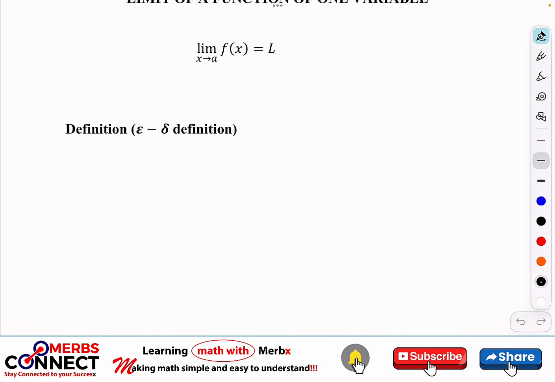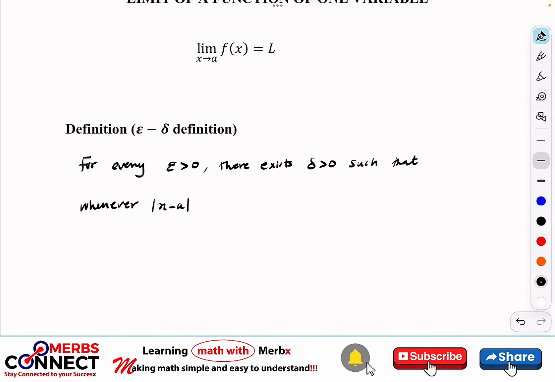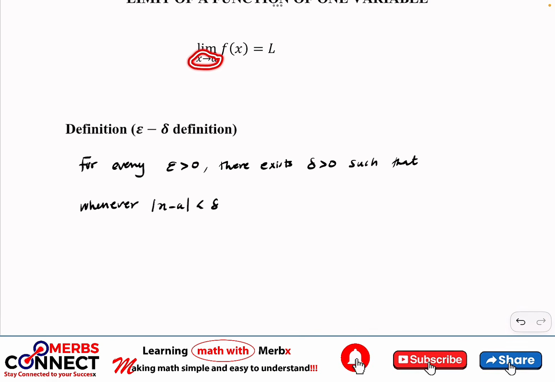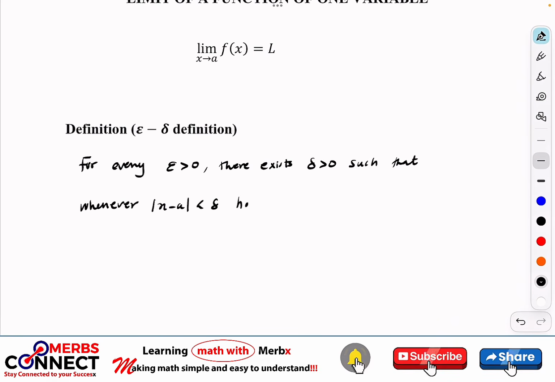So we can say that for every epsilon greater than 0, there exists a delta greater than 0 such that whenever the absolute value of x minus a is less than delta, so the distance between x and a is less than delta, then the absolute value of f of x minus L is less than epsilon.